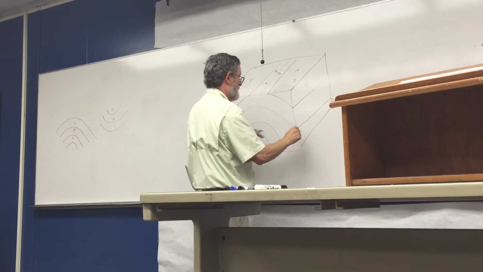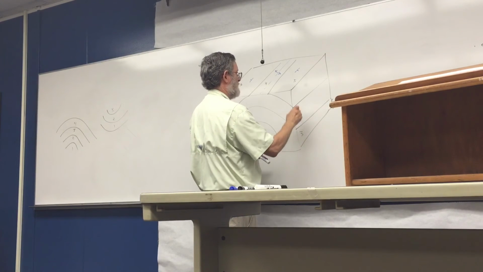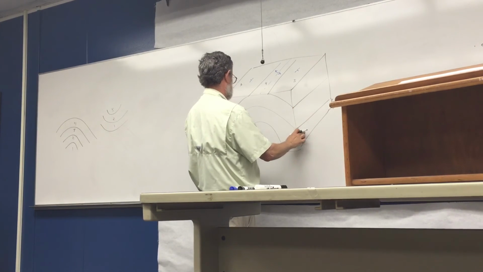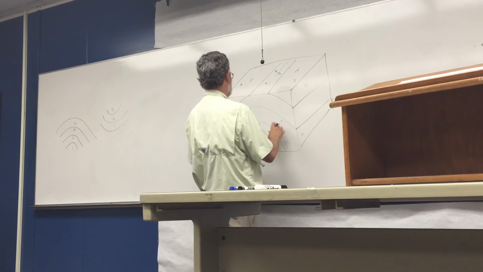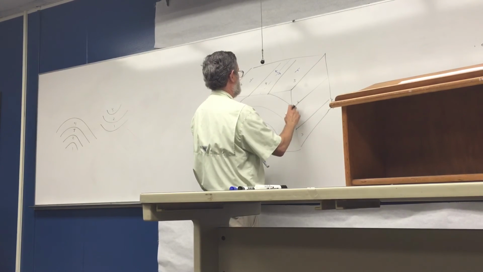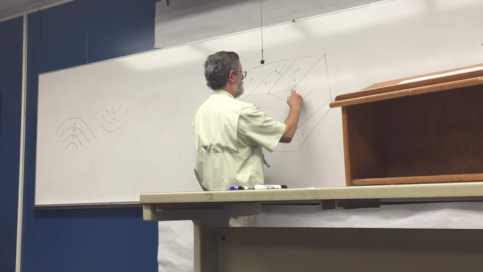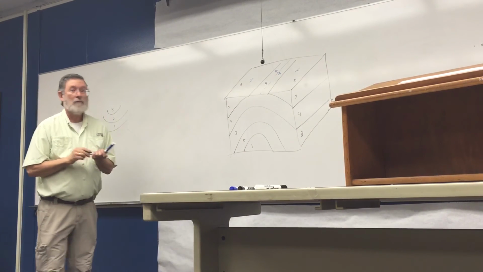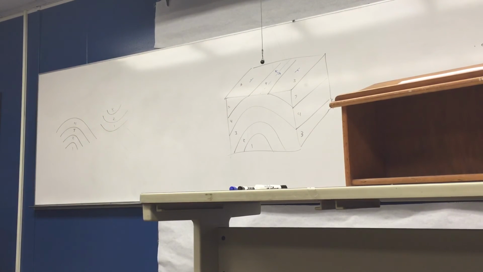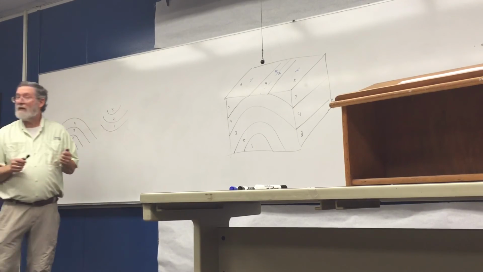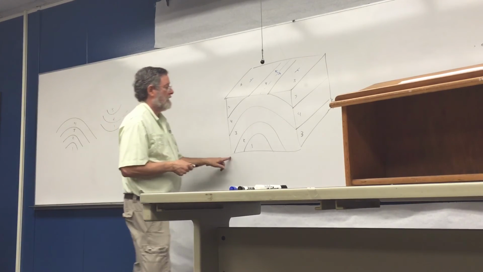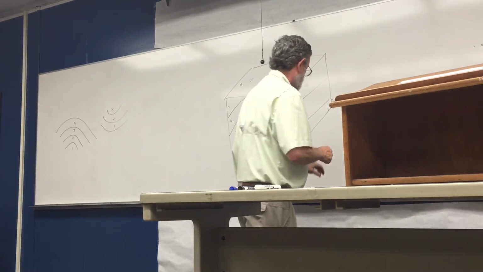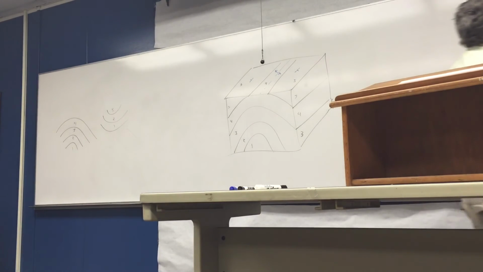And as I come in, I would say, okay, that's 3. So that is an upright horizontal anticline in my block diagram. Are we good?